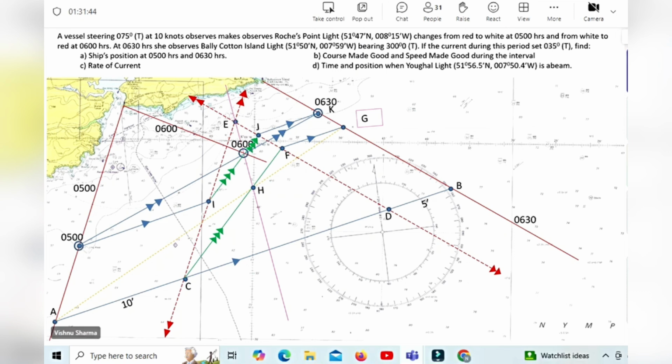Let me share the assignment for the day. Assignment and navigation. I have sent you one with 2 questions.